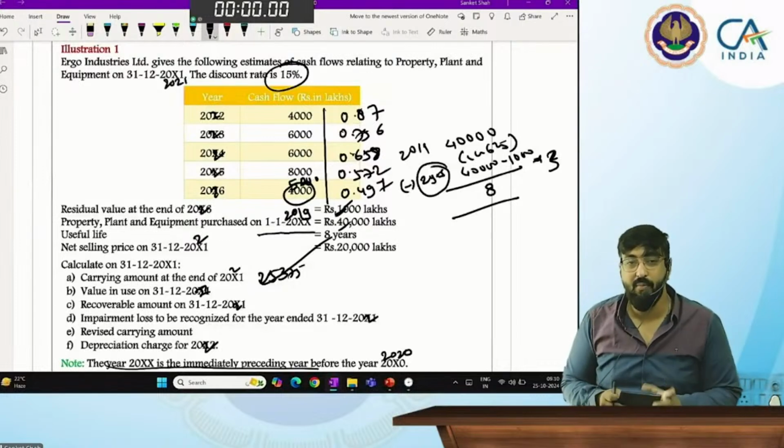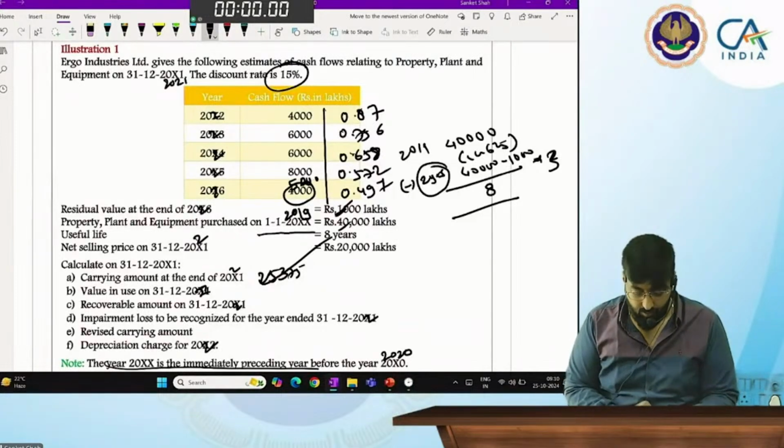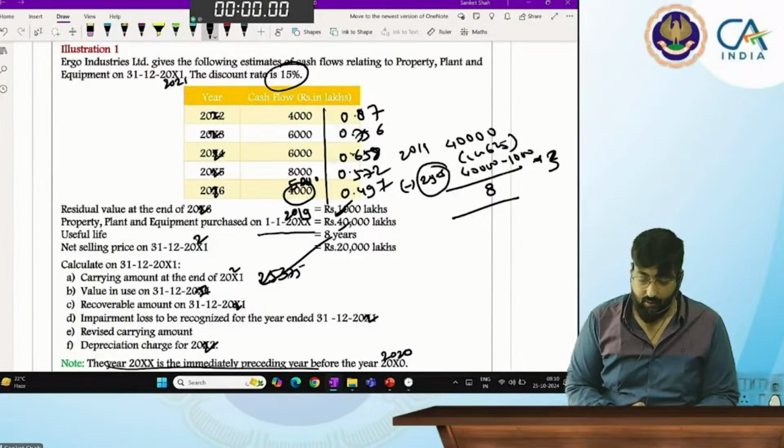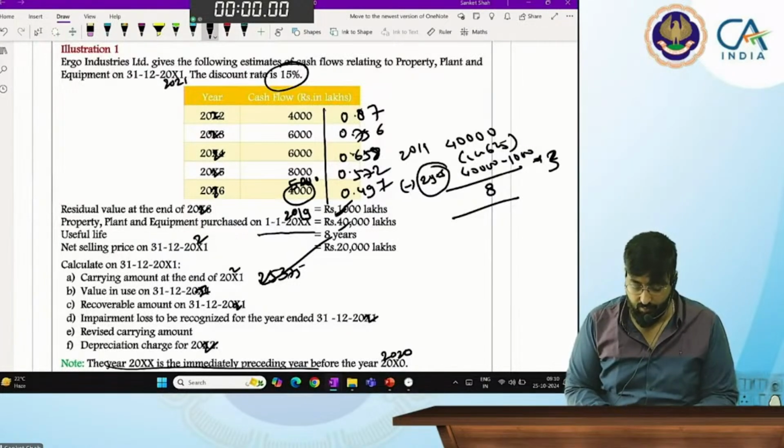चलो, now use memory plus function. मेमोरी को क्लियर करो. 4,000 into 0.87 memory plus, 6,000 into 0.756 memory plus, 6,000 into 0.658 memory plus, 8,000 into 0.572 memory plus, and 4,000 into 0.497 memory plus.